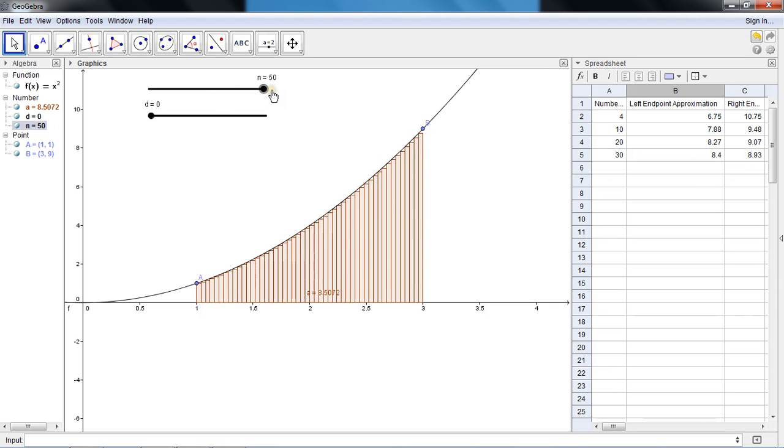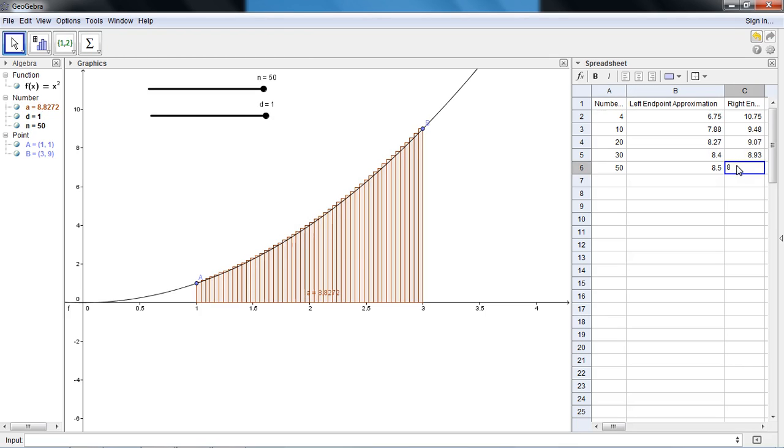Right when I have 50 of these rectangles, we see that my left endpoint approximation is at about 8.5, and my right endpoint approximation is at about 8.8. So they're getting closer, but I'm not quite to an exact value.